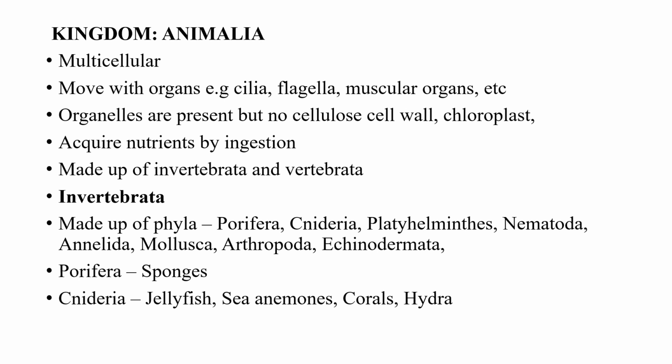That is, the Invertebrata are made up of different phyla like the Porifera, the Cnidaria, Platyhelminthes, Nematoda, Annelida, Mollusca, Arthropoda, then Echinodermata. We briefly looked at the characteristics of each of these. I said that the Porifera are generally referred to as sponges. I said they are found by the shores, attached to the rocks.